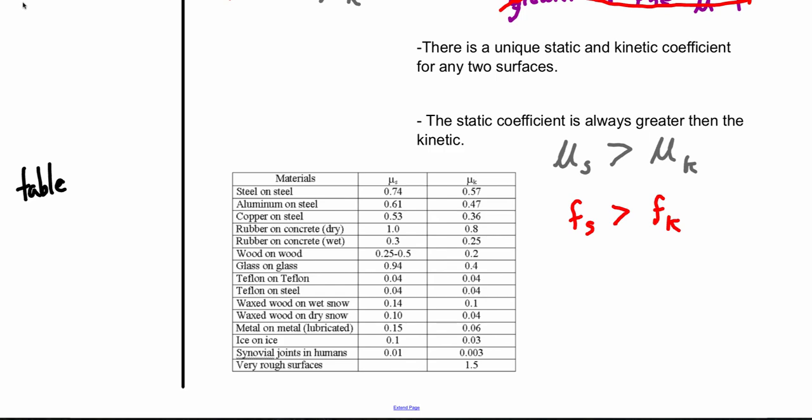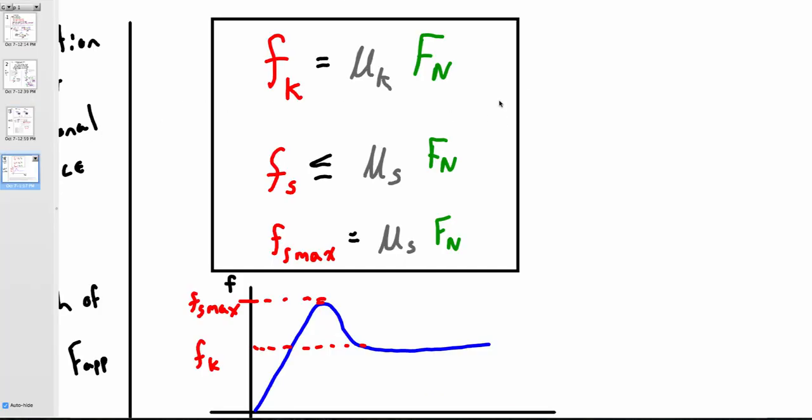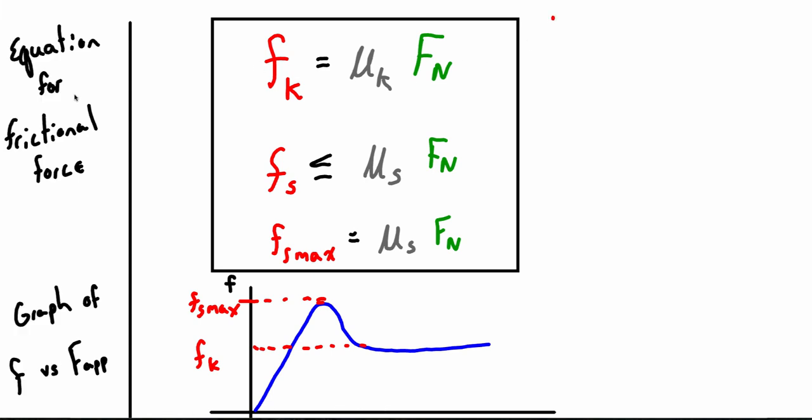All right, let's move on to looking at the equations. What are the actual equations for our frictional force? For the kinetic frictional force, remember that we said the coefficient, mu sub k, was equal to the ratio of my frictional force to my normal force.